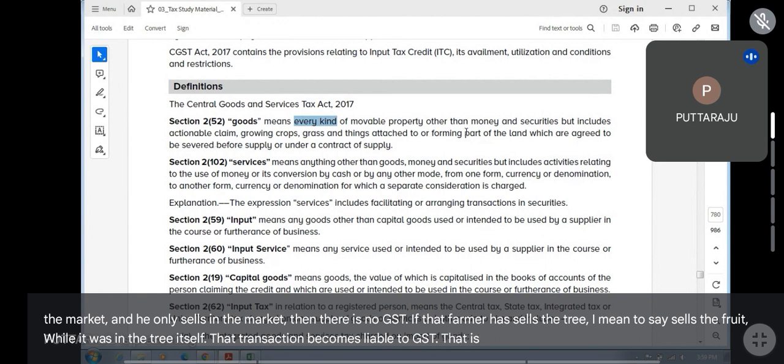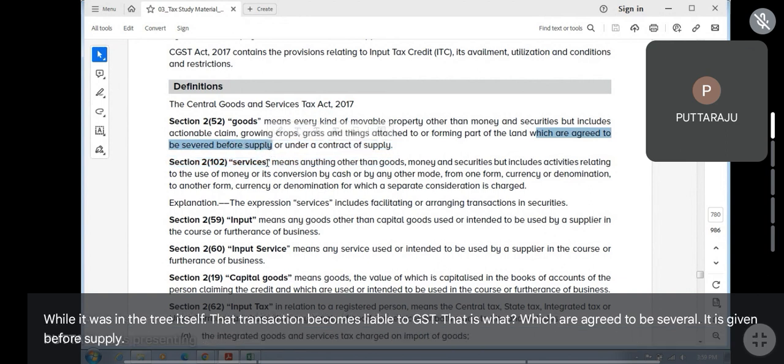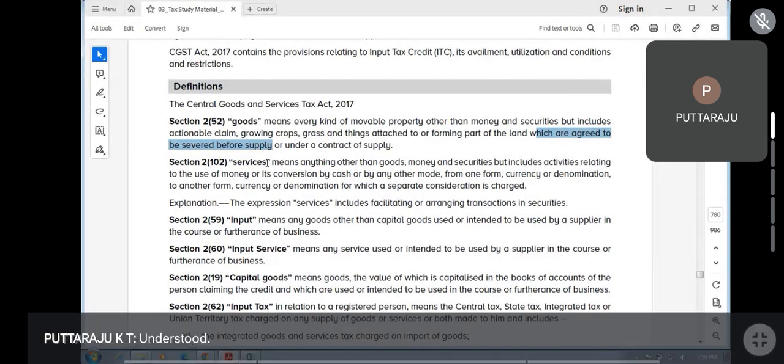That is what? Which are agreed to be severed. It is given before supply. Understood? Yes, sir. Okay.